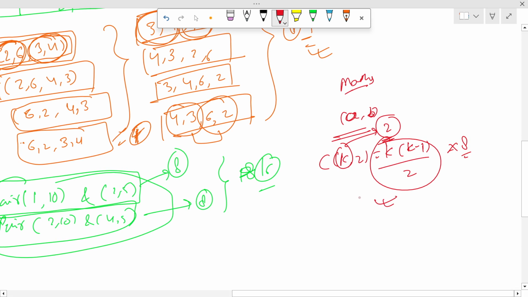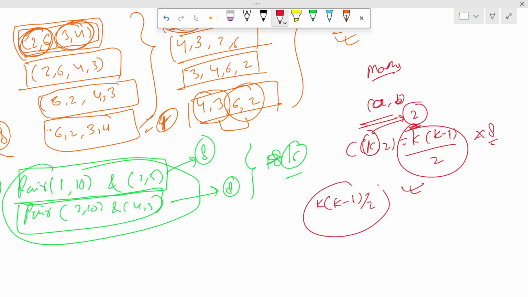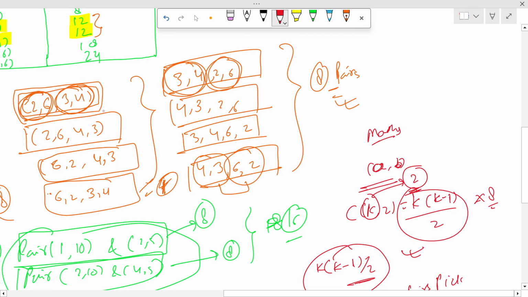So k into k minus 1 by 2 is the count of ways we pick two pairs, and into 8 means 8 possible orders. We also discussed these 8 possible orders here, 1 2 3 4 5 6 7 8.